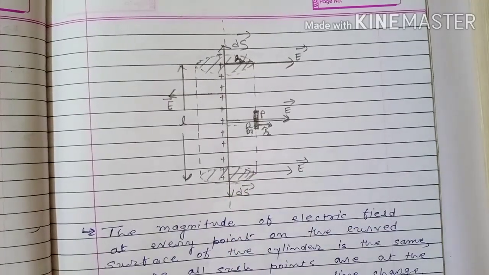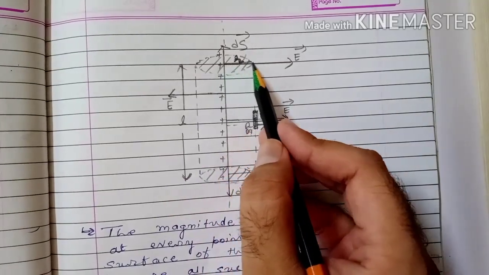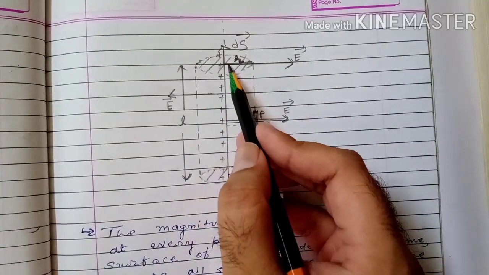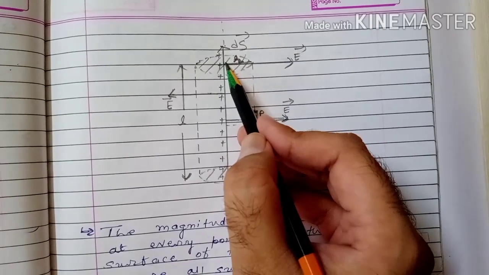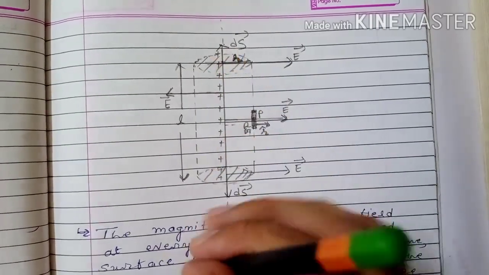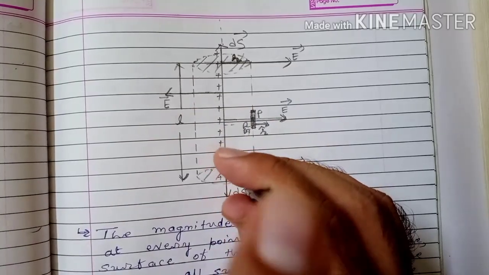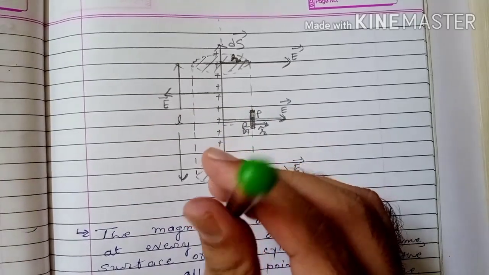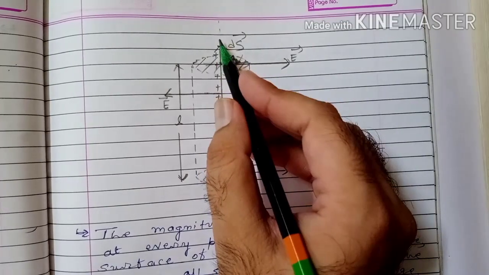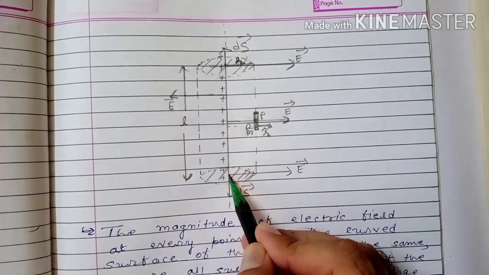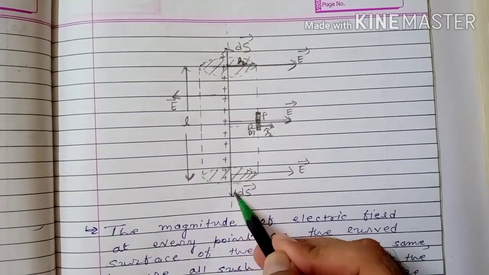The direction of the electric field is the same, pointing away from the charge. For the upper flat part, the direction of the area vector is perpendicular, normally outward, in the upward direction. For the lower part, the direction of the area element will be downward.